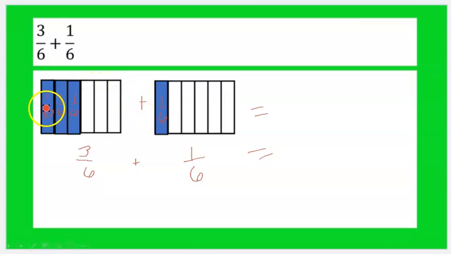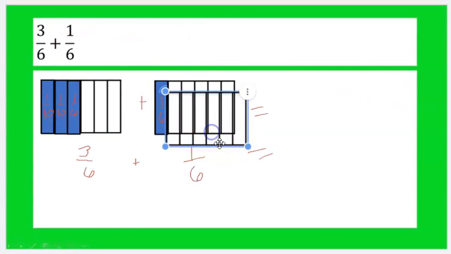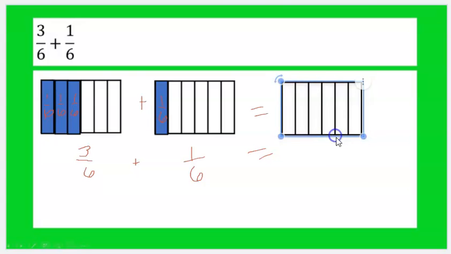So when I add the fraction 3/6 plus 1/6, I add my blue tiles together. So it looks like this.